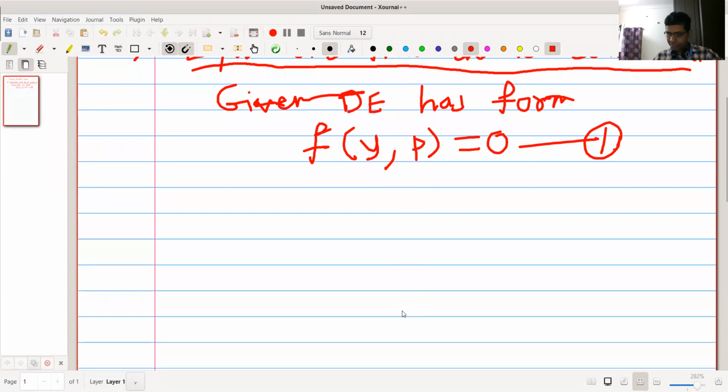So we will have two cases. Either this equation 1 is solvable for p or solvable for y.